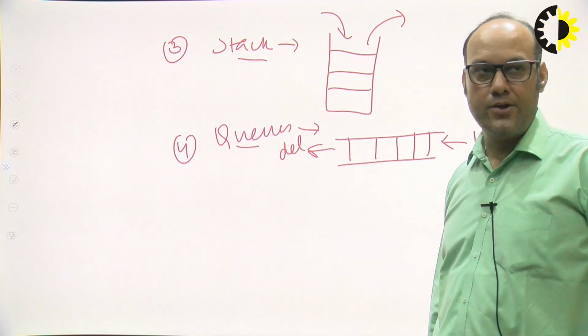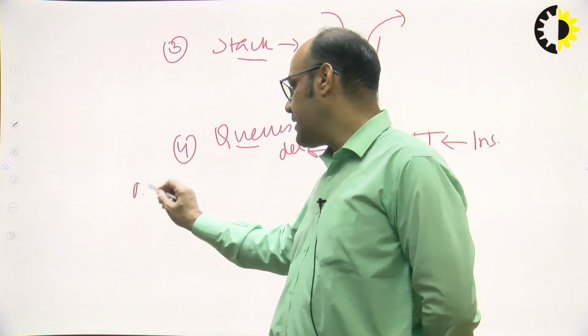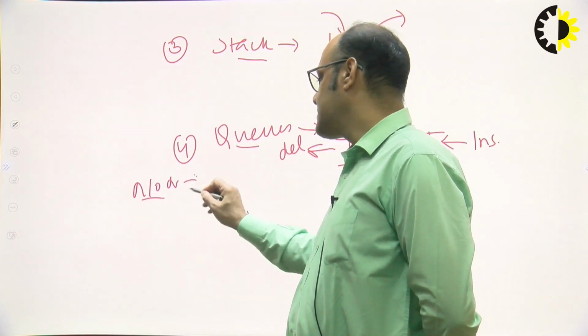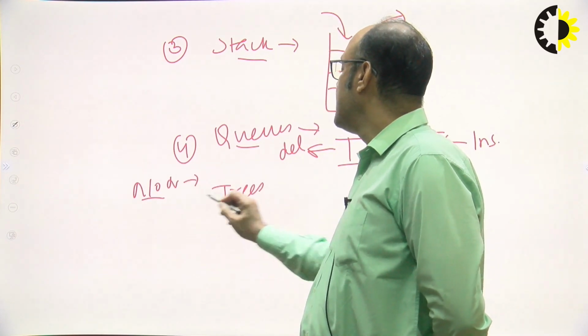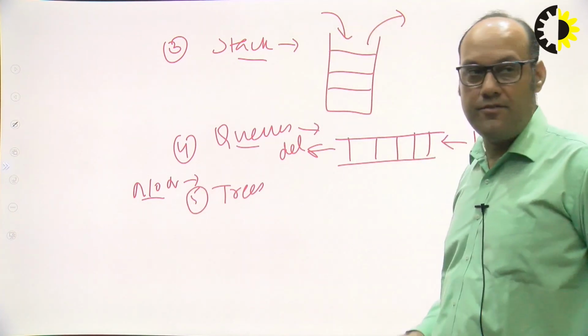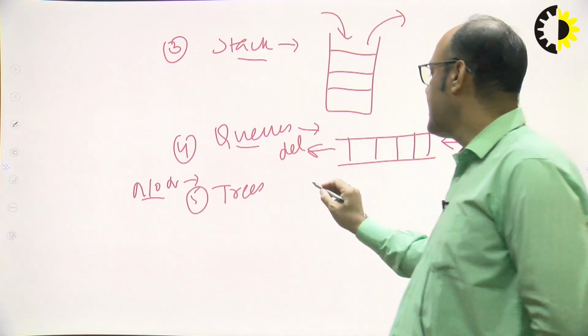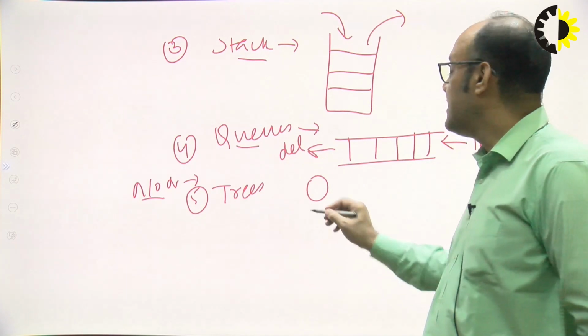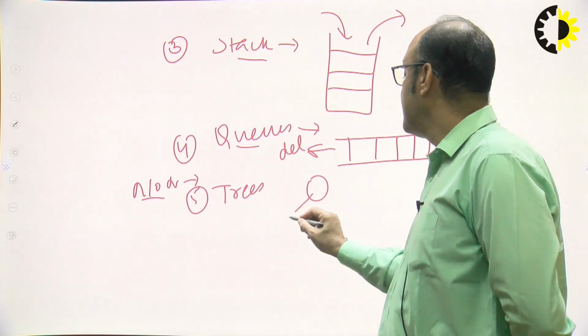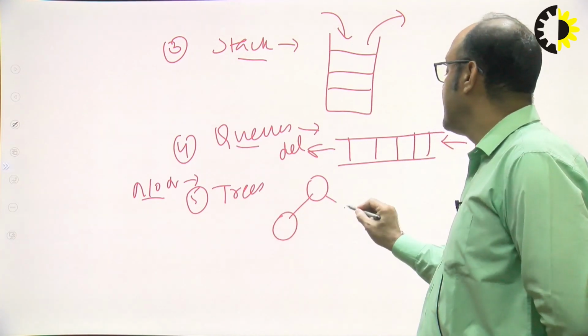Then non-linear. Under non-linear come trees. Number 5, tree, non-linear. Here we make a simple hierarchy. Tree hierarchy means a parent node has a child like this.